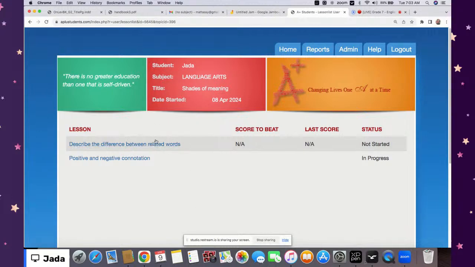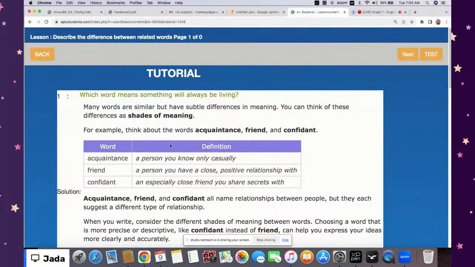The first is describe the difference between related words, and the second is positive and negative connotations. So that's what we will have now. We will start with the first one: describe the difference between related words.